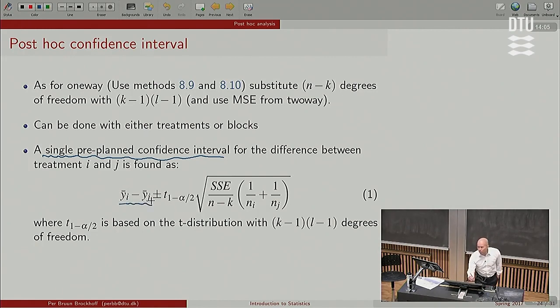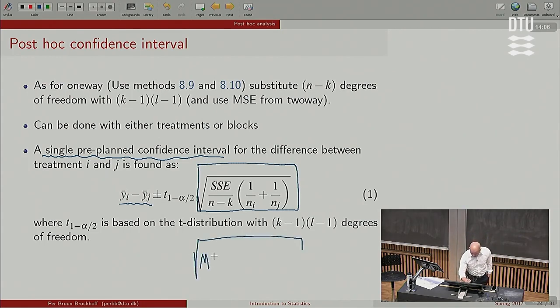We take the pre-planned comparison. We take the statistical uncertainty of that comparison, which looks very close to something you've seen before. It's also MSE times 1/ni plus 1/nj. Today these ni and nj are the same.